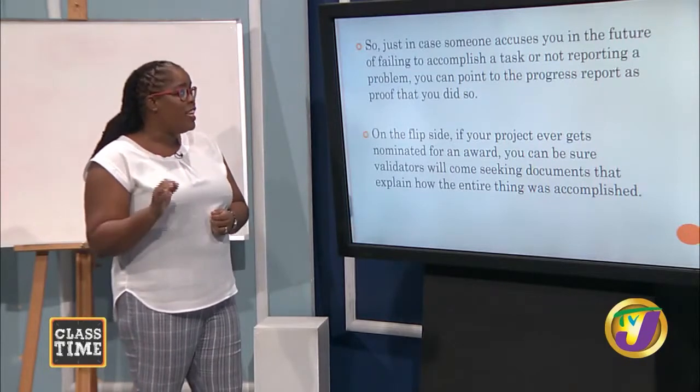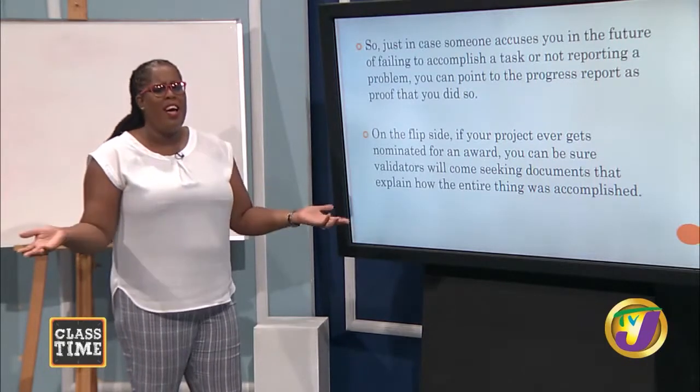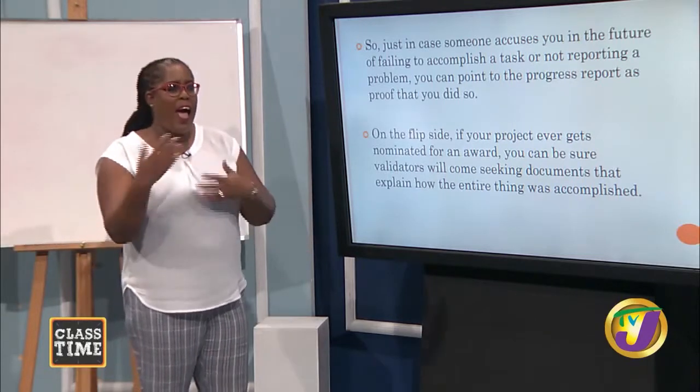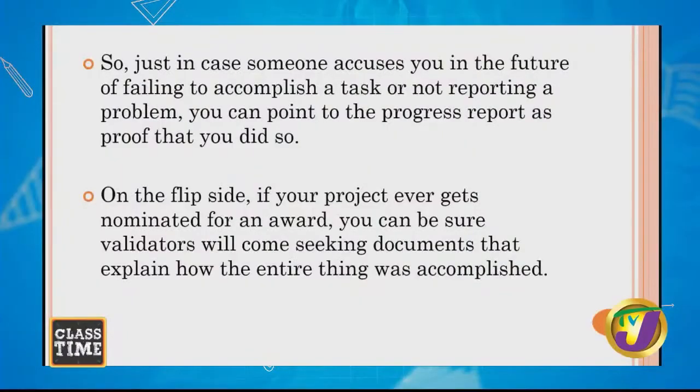So just in case someone accuses you, and I keep preempting all of this, right? Because I keep telling you, and then the information is here. So, just in case someone accuses you in the future of failing to accomplish a task or not reporting a problem, you can point to the progress report as proof that you did so, as I mentioned earlier.